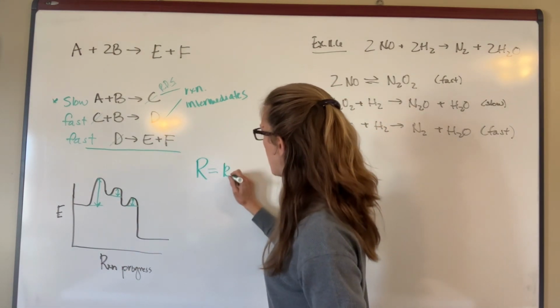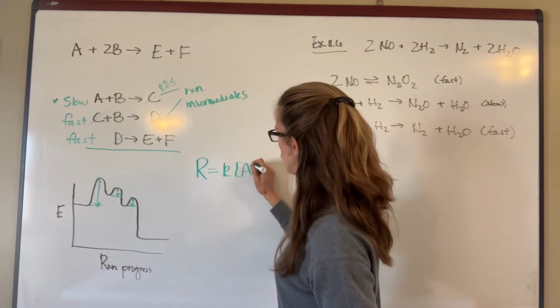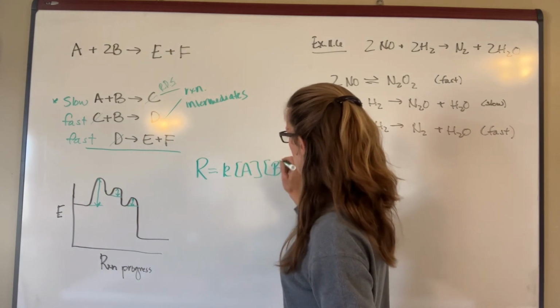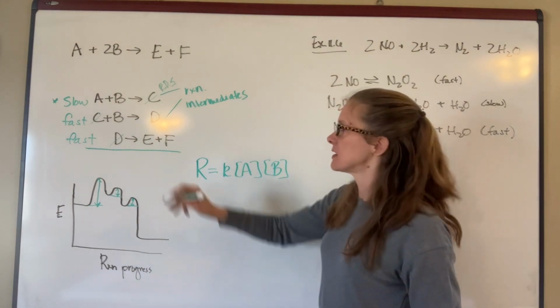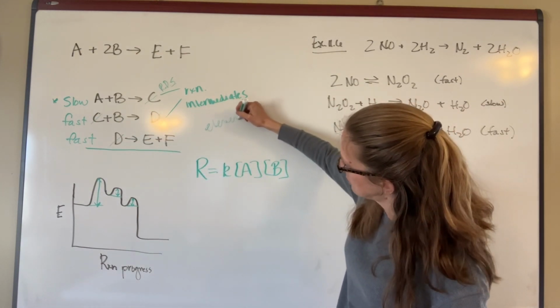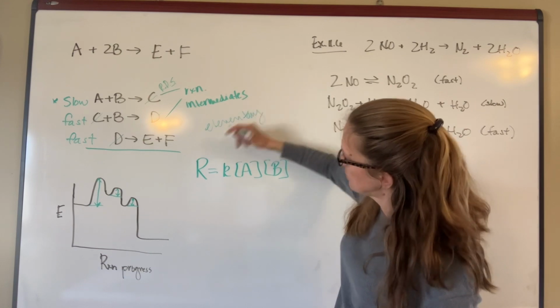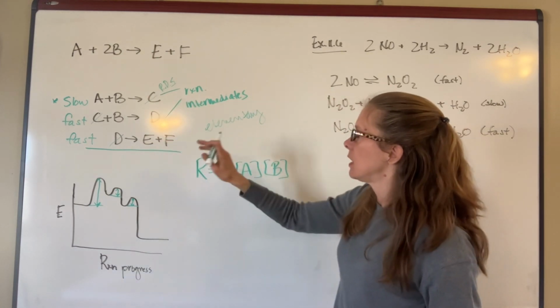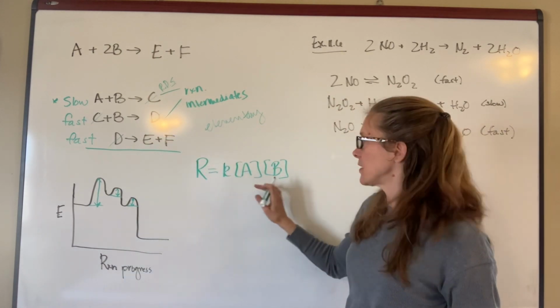So it's going to be my rate constant times the concentration of A times the concentration of B. Okay, because that comes from the slow step. And because these are the elementary steps, the stoichiometric coefficients will match.